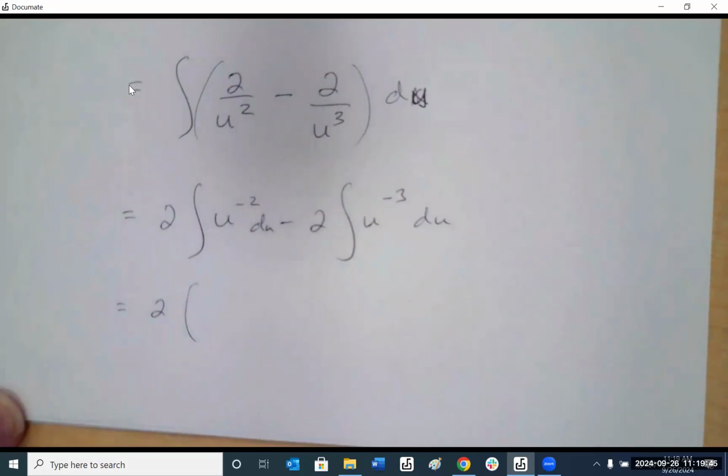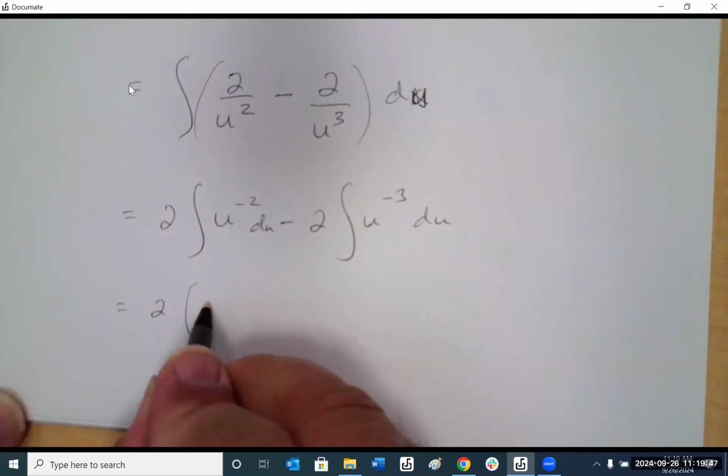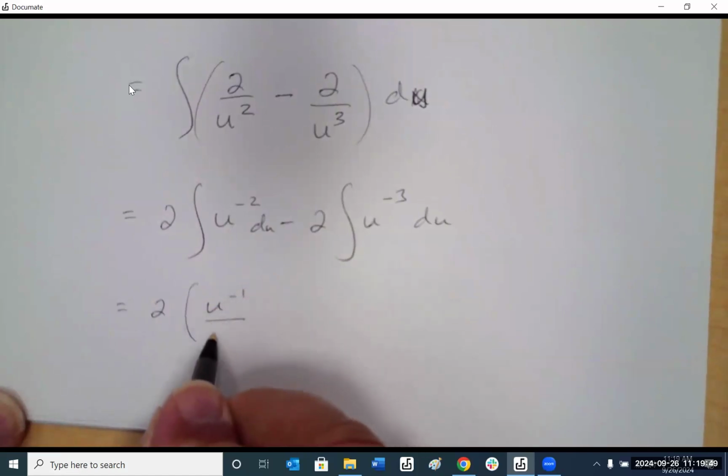The integral of u to the power -2 becomes u to the power -1 over -1.